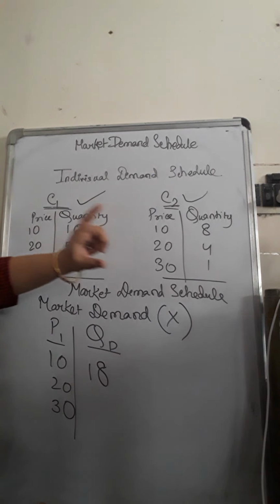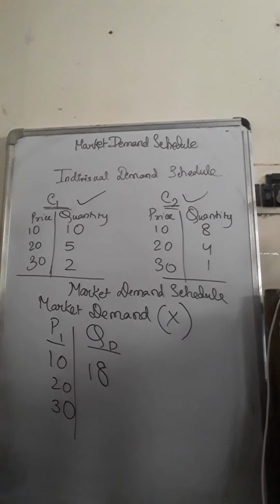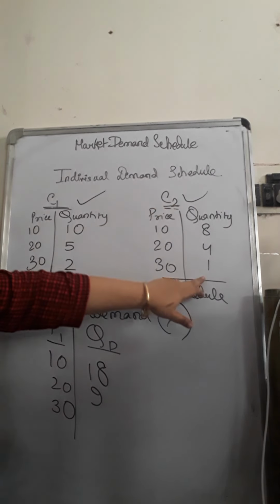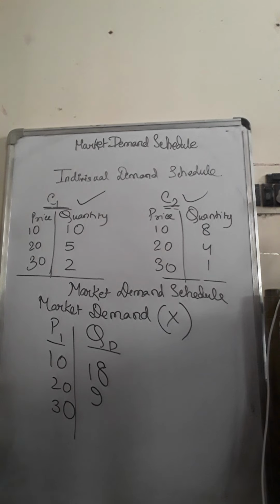So 5 plus 4 gives you 9. So the market demand also falls to 9. And when the price turns to 30, consumer 1 demands 2 units, again a further fall with the rise in price. Consumer 2 demands 1. So the total demand is 3 units, showing a fall when the price in the market is 30 rupees.